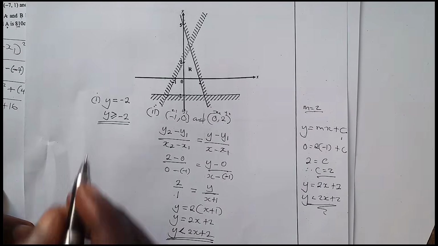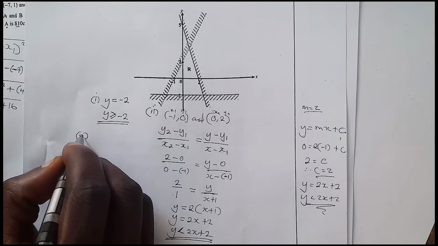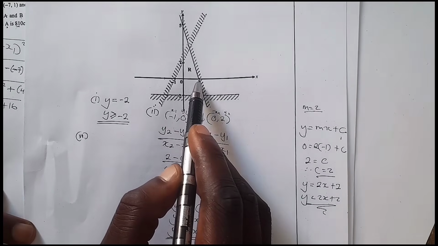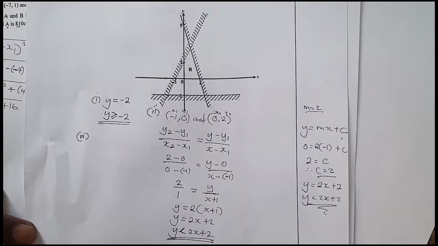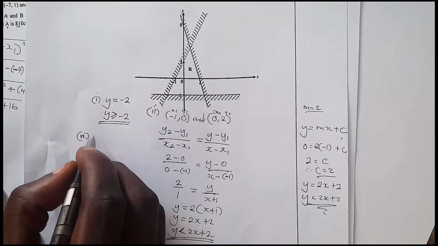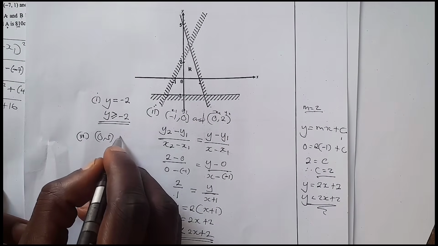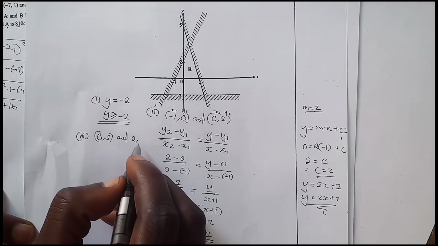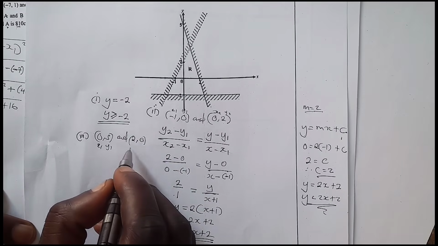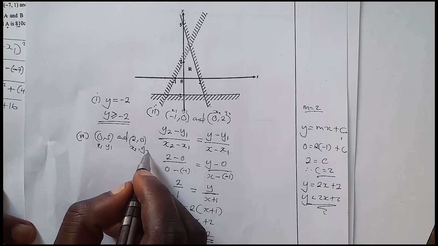inequality. The last inequality, which is the third inequality here, we're going to get this one. It's passing through 2,0 and 0,5. Right? So you can take any to be x1 and y1. Okay, let's take 0,5 first and 2,0. This is x1, y1, x2, y2.